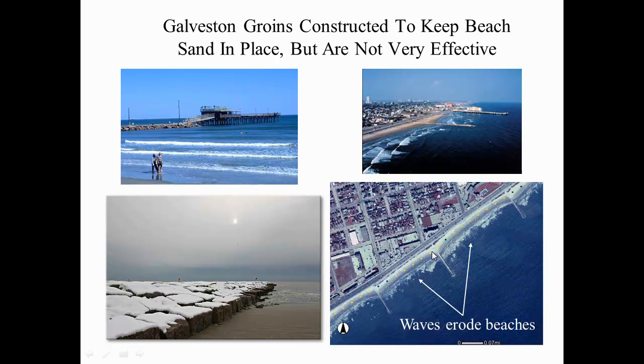So although we have sediment buildup adjacent to the groins, in between the groins we're losing beach, as shown by those white arrows in the lower right-hand corner. And we're going to take a look at this in more detail on the field trip.